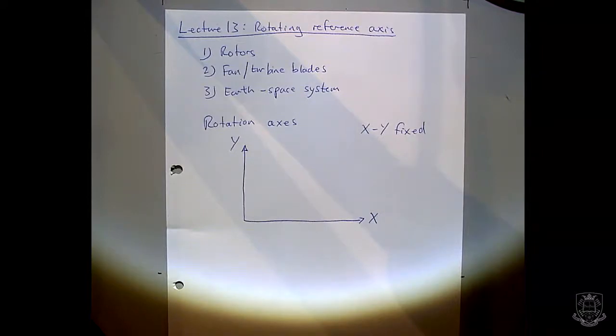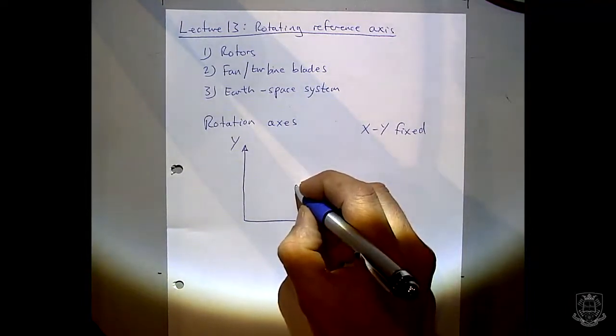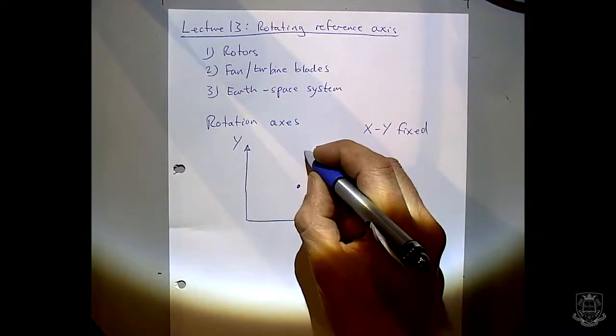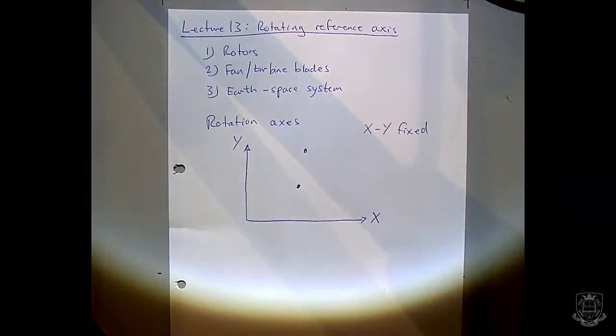So a fixed frame is nearly always given as a reference datum. And then we typically consider points in this reference plane. And then what's usual is we choose one of these points to have a rotating frame going around it because of some specific modeling or application or problem that we want to solve.